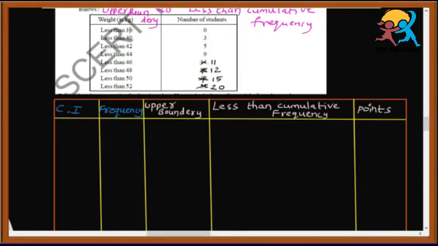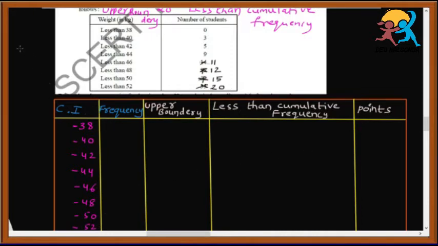The upper boundary is 38. That means just keep a hyphen and write the upper boundary, that is 38. And write one more, less than 40, that means the upper boundary is 40. And again 42. First you write the upper boundaries: 44, 46, 48, 50 and 52.